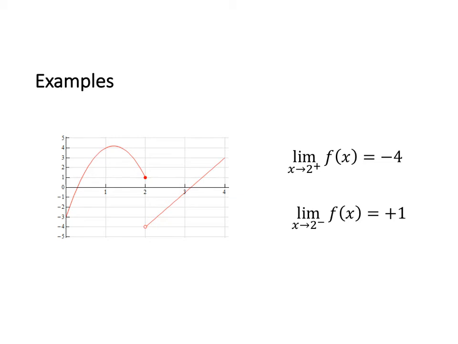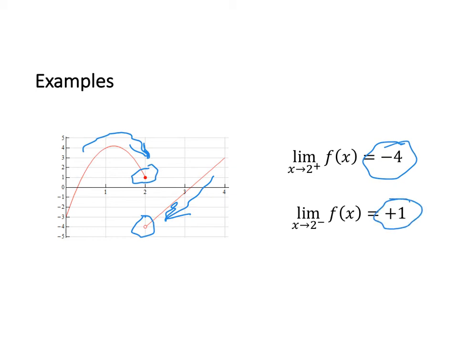So when coming from the right side, we're going down like this, and we approach this value here, or minus 4. When we're approaching from the minus side, we're going in this direction, and we approach this value here, or plus 1.